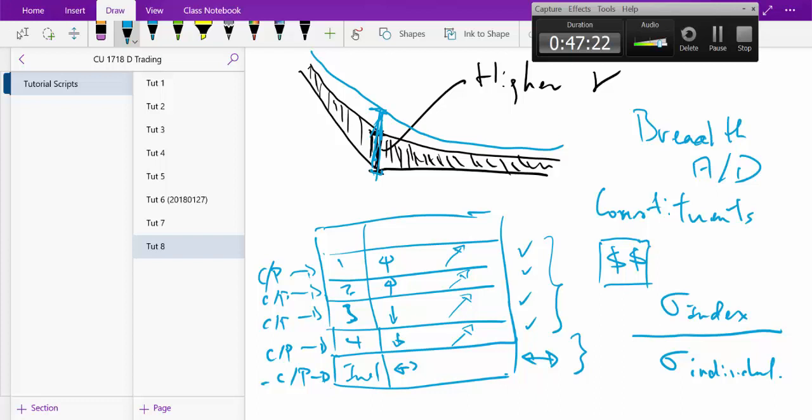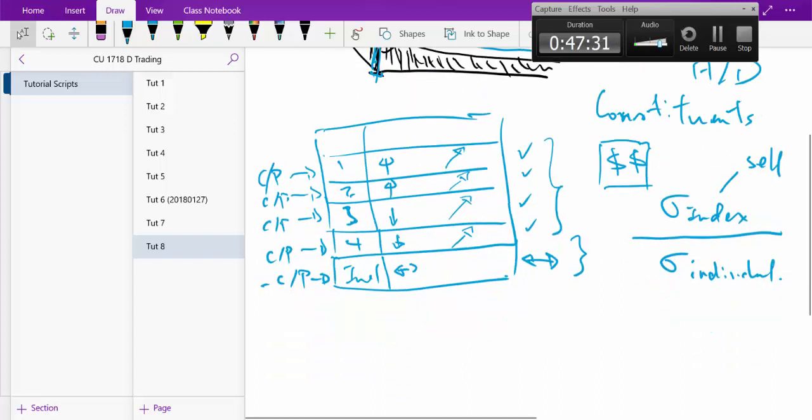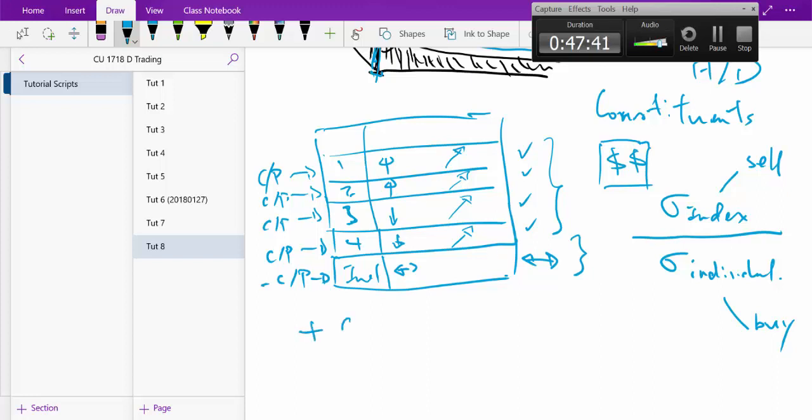What you really want to do is, because you are selling this and you are buying this, so this is a strategy. If you are long the calls and the puts of stocks, you are short the calls and the puts of the index.